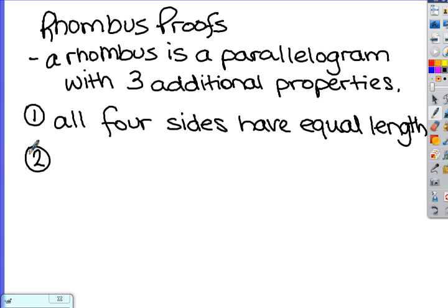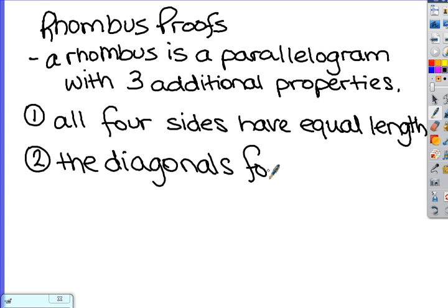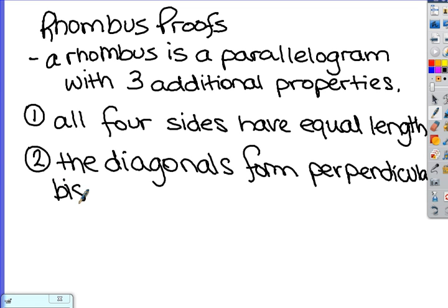Property number 2. The diagonals form perpendicular bisectors, which means that when the diagonals intersect, they form 4 right angles.